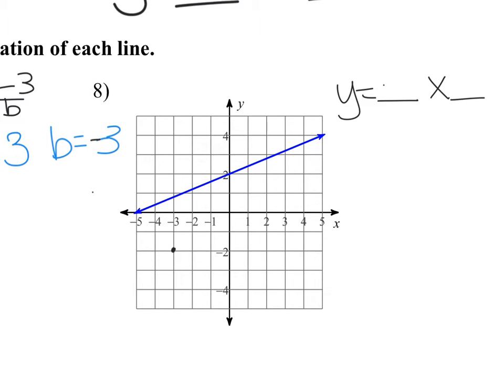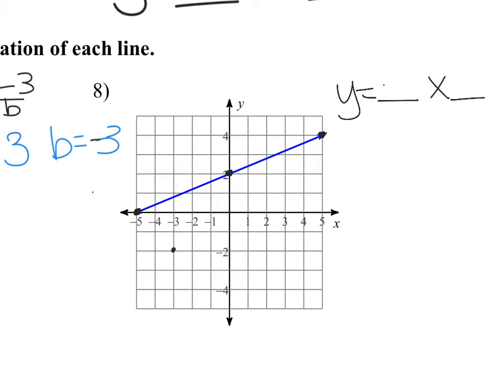I see here at my y-intercept, and I'm going. I don't really see any more until I get to right here at the arrow, and also right here. Okay, so I'm going to go from one point to the other. Now, it doesn't matter which point you begin at and which way you go. Either way, you'll end up right.